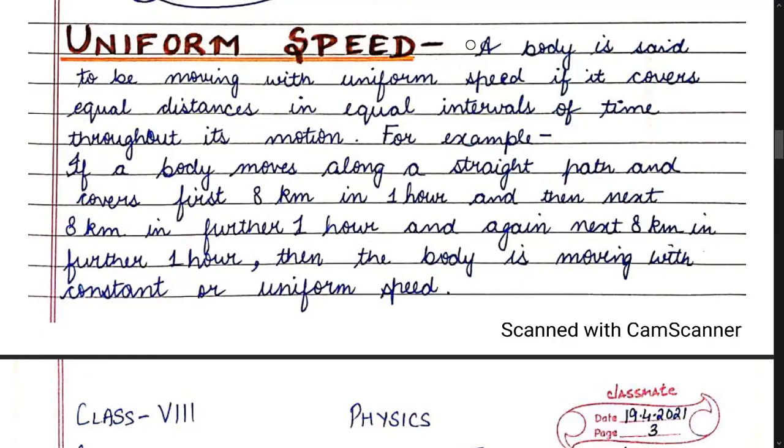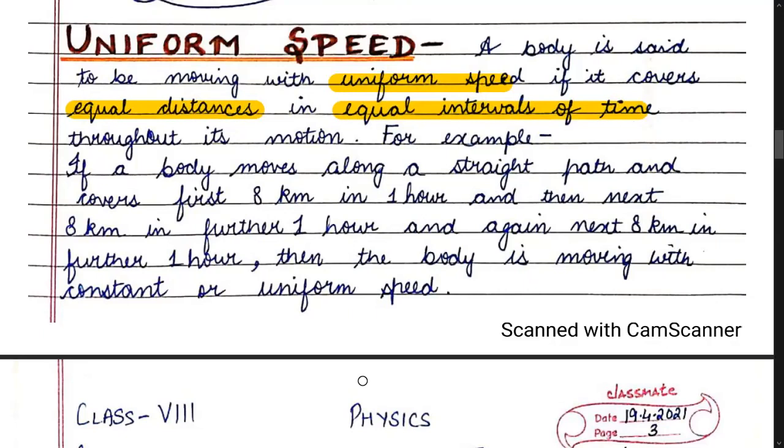So let us define uniform speed. A body is said to be moving with uniform speed if it covers equal distances in equal intervals of time throughout its motion.